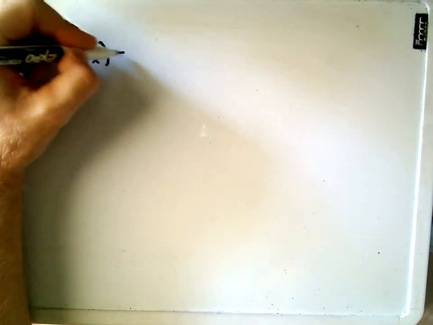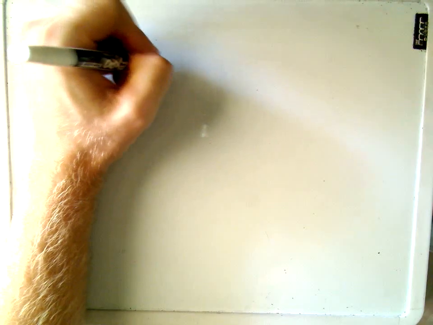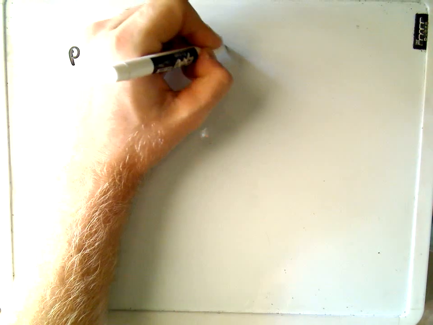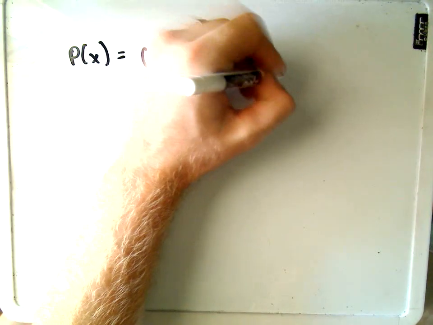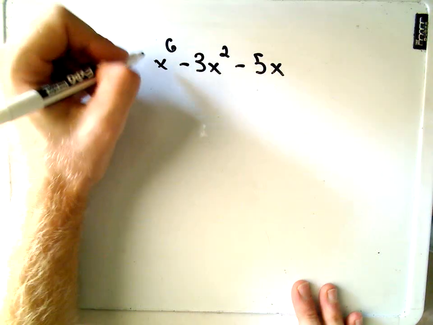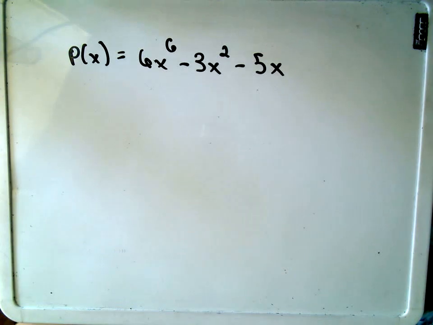Okay, so same thing, p of x equals 6x to the 6th minus 3x squared minus 5x. Again, we're interested in the number of real roots and the number of negative real roots.